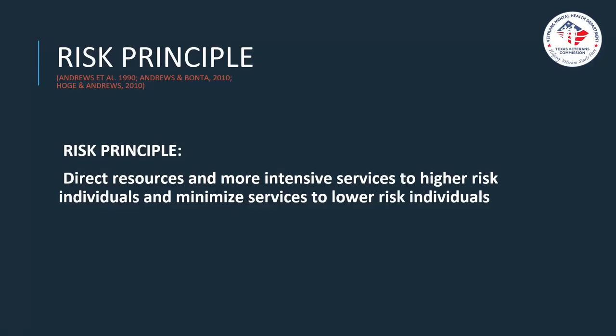Oftentimes, it can be hard for us, particularly when we're screening people into an intervention. We want to get those people that we know are going to be successful. But if you find yourself working with folks that are low risk in a high-risk program, what you end up finding, and research supports this hands down over and over, is you're going to have high-risk individuals at the end of it. I like to think of it like this.